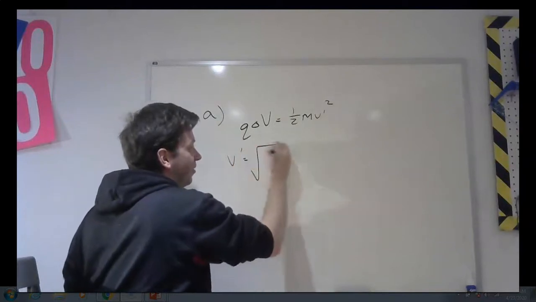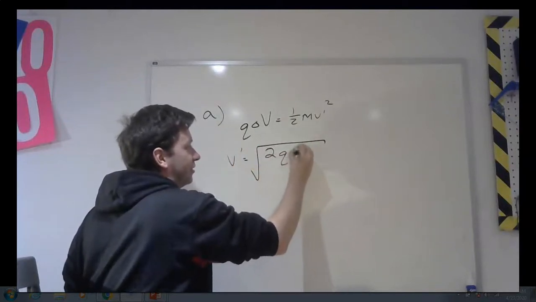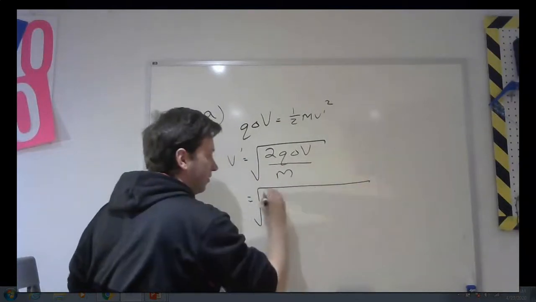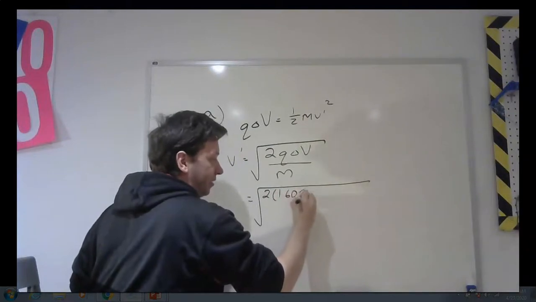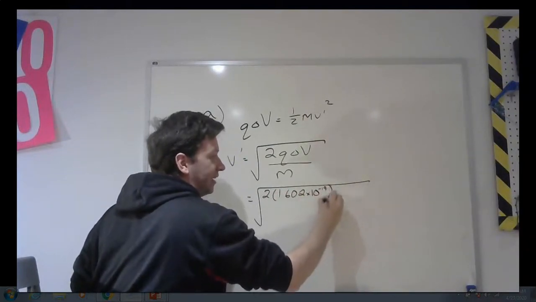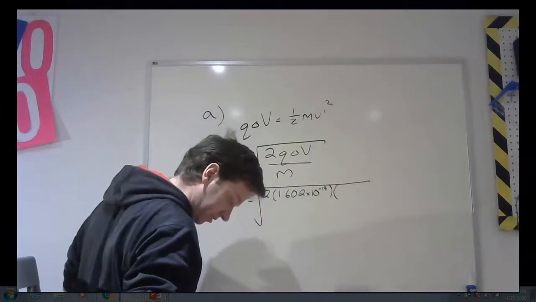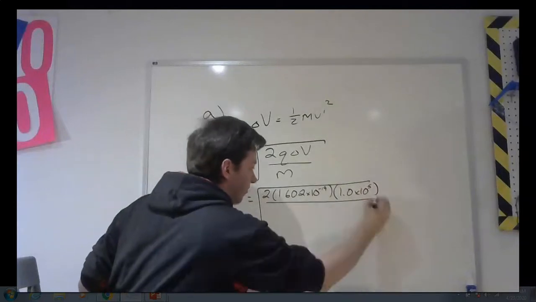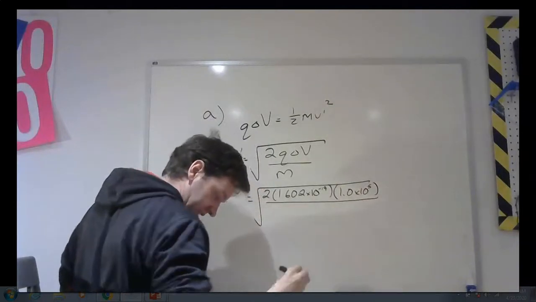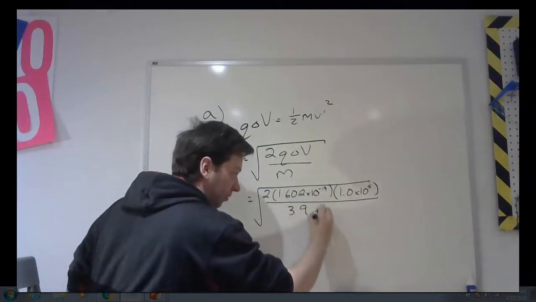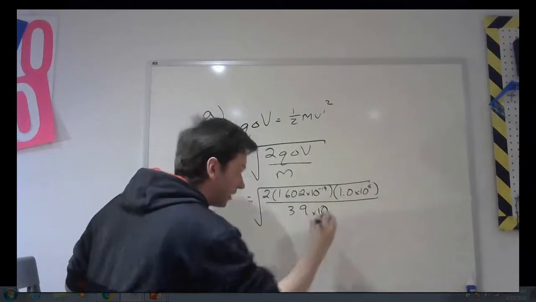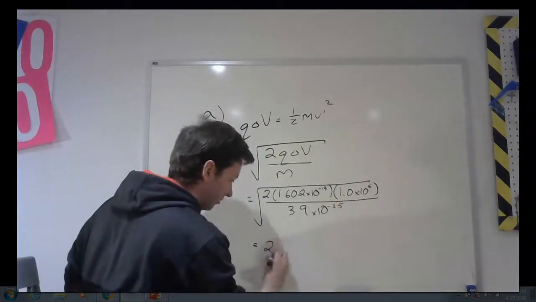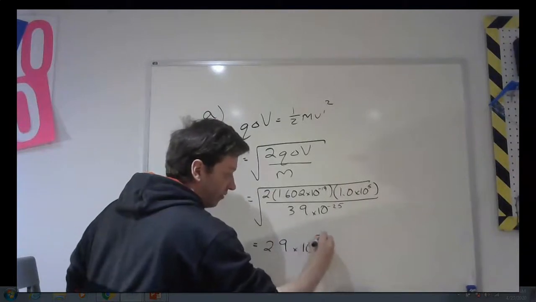Rearranging for v prime, we get the square root of 2q delta V over m, or the square root of 1.602 times 10 to the minus 19 times the potential difference, which is 1 times 10 to the 5 volts, over the mass, which is 3.9 times 10 to the minus 25 kilograms. And we get a speed of 2.9 times 10 to the 5 meters per second.